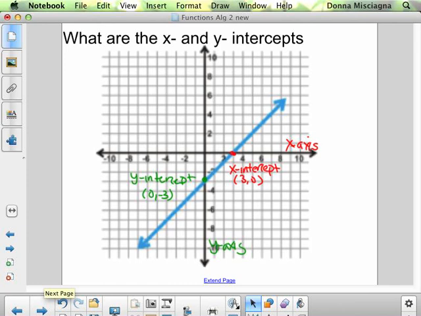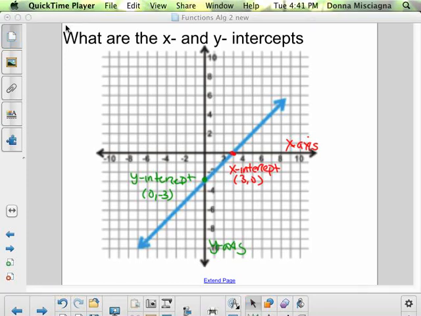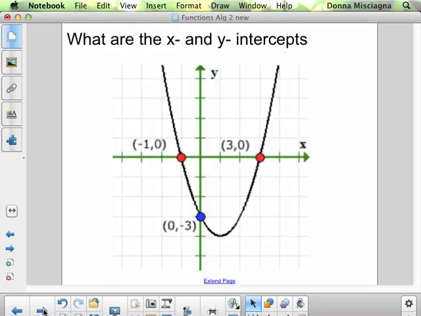All right, next we're going to look at a parabola. This one's not in your notes. Let's identify the x-intercepts and the y-intercepts in the graph. There are two x-intercepts. (-1, 0) is an x-intercept; the graph is crossing the x-axis. (3, 0) is an x-intercept.